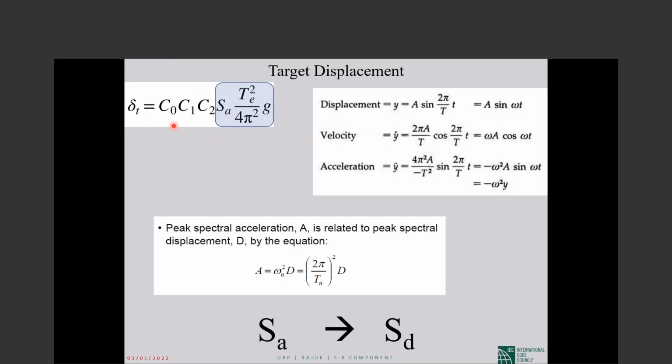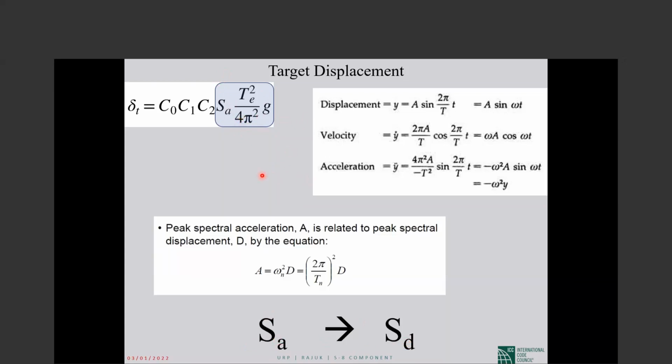This is the participation factor if we go through the dynamic analysis. But anyway, that's the idea. For now, these two parts transform SA to SD, displacement of the single degree of freedom, linear elastic system.